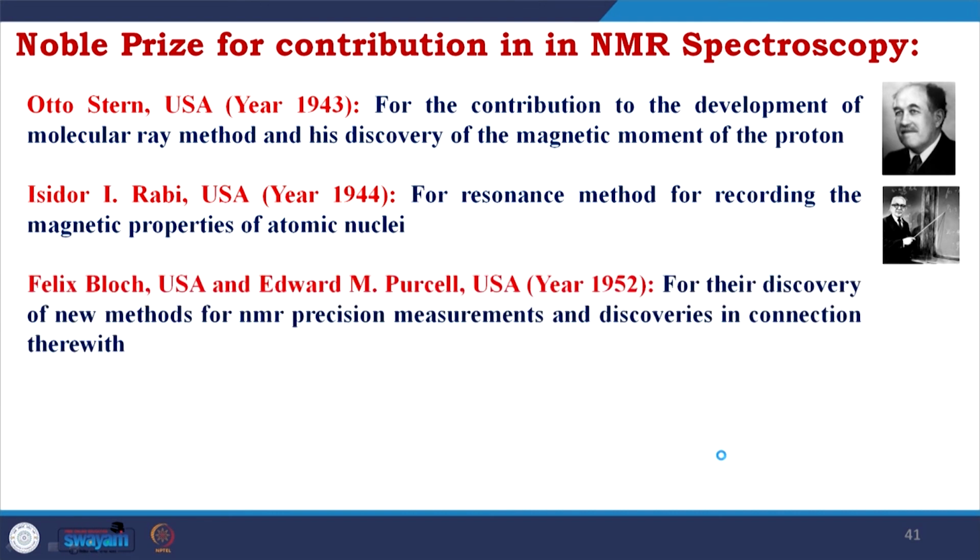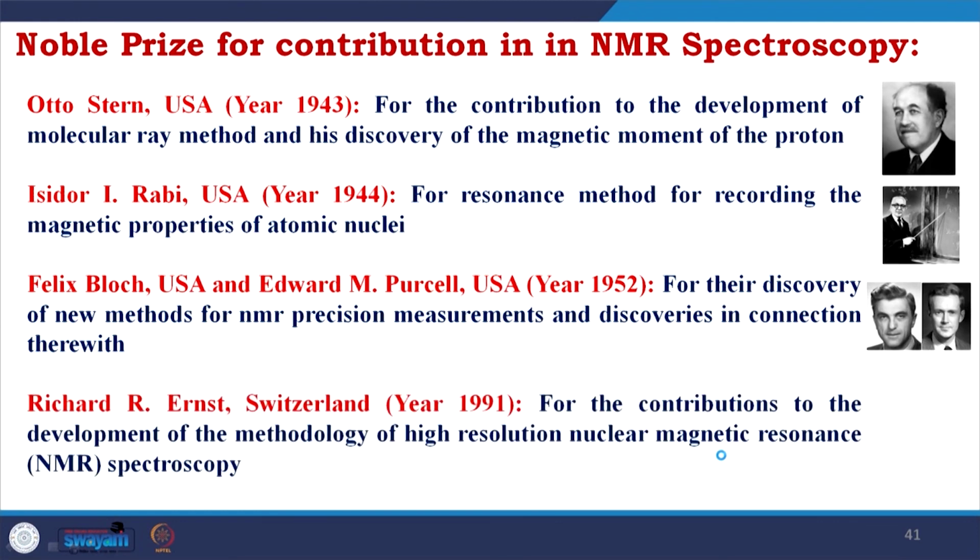Felix Bloch, we again talked about Felix Bloch in the history part, and Edward Purcell, they got the Nobel Prize in the year 1952 for their discovery of new methods for NMR precision measurements and discoveries in connection therewith. So, these are Bloch and Purcell.